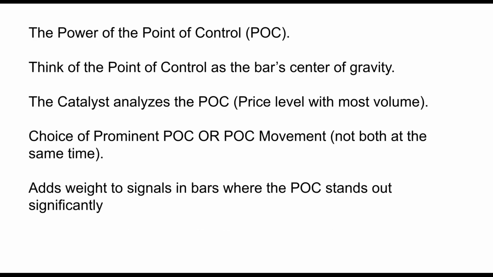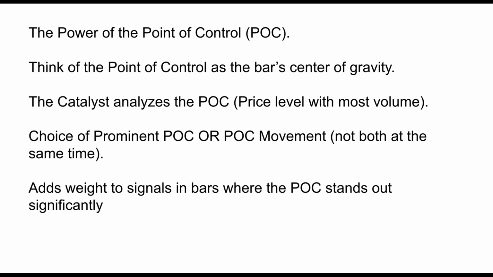So what Catalyst also looks at, not just volume and how it's distributed in the bar, is also the point of control in the bar, right? Think of point of control as the bar's center of gravity. The point of control is a term from market profile, volume profile, which is the price level with the most volume traded during the day, because market profile, volume profile traders generally look at the profile for the whole day.